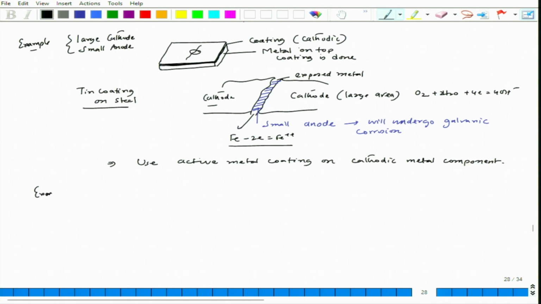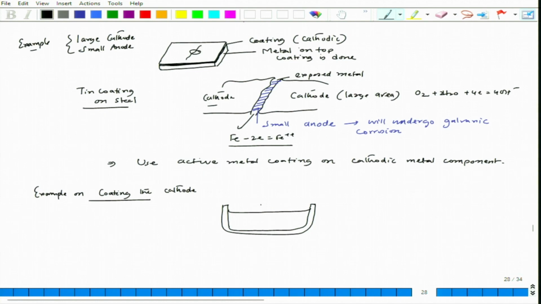So, let us have an example on coating the cathode. So, let us say if you have a container, let us say this is my container and you have an electrolyte here, let us say salt water or acid.